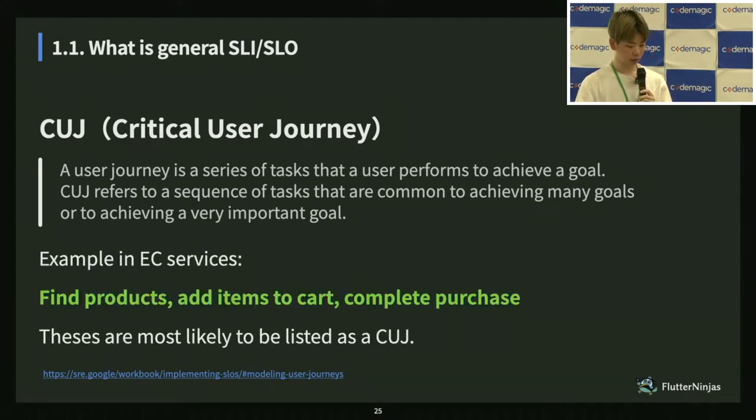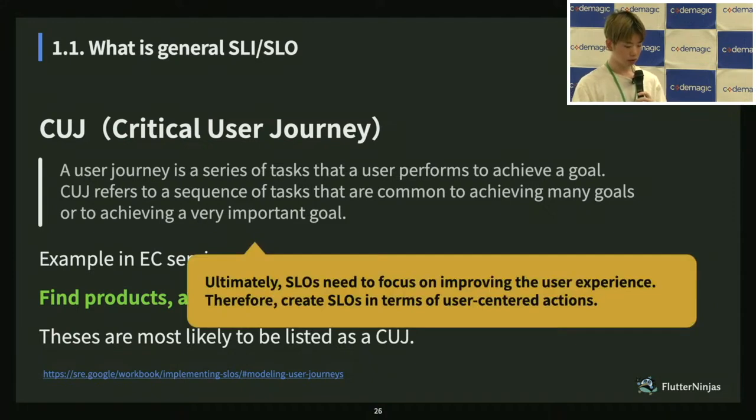In EC services, there are many features: authorization, making items a favorite, buying as a gift, etc. But only find product, add item to cart, and complete purchase are likely to be listed as CUJs. Just note that SLOs should focus on improving the user experience, so they should be user-centered actions.